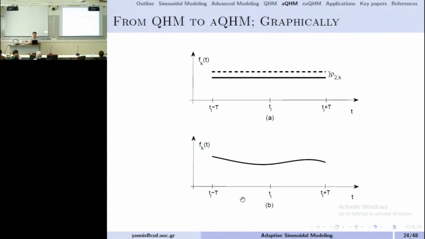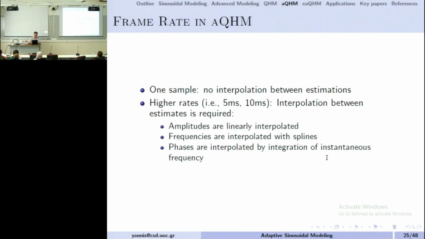Okay? So the question is now how to go from this bold line here to another bold line that changes over time. And this is the adaptive. So we can, for instance, do sample by sample estimations, or we can do a sampling every 5 or 10 milliseconds, depending on how many features we want to extract, and depending on the application.